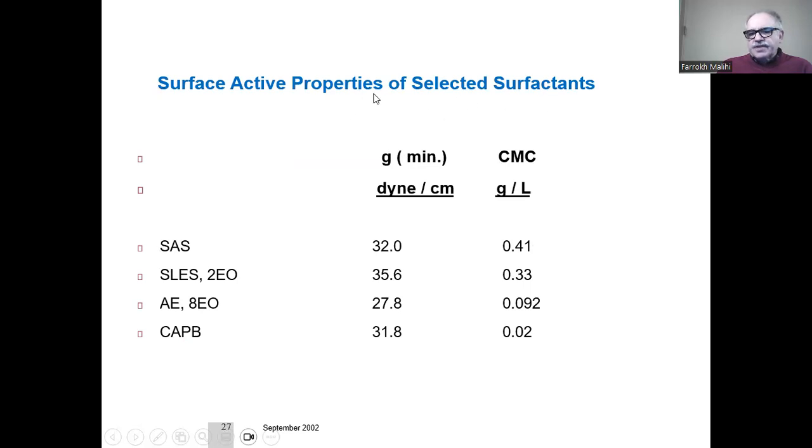Efficiency of surface active materials can be determined by tensiometer, and minimum surface tension and critical micelle concentrations are shown here for a number of surfactants: paraffin sulfonate, alcohol ether sulfates, alcohol ethoxylate, and betaines.